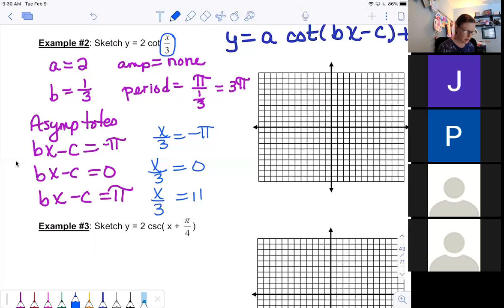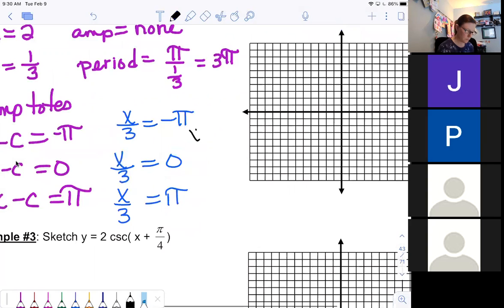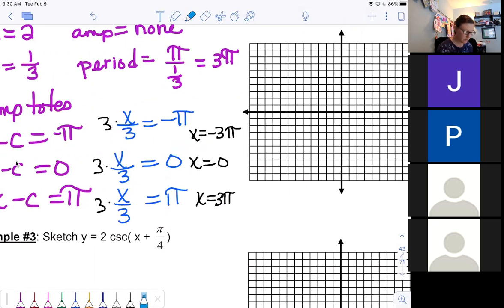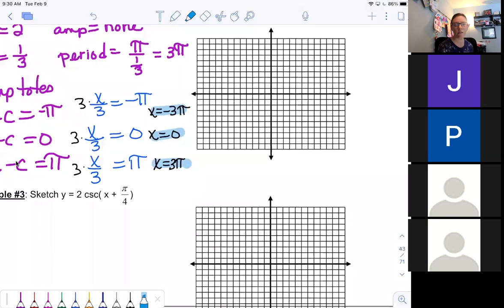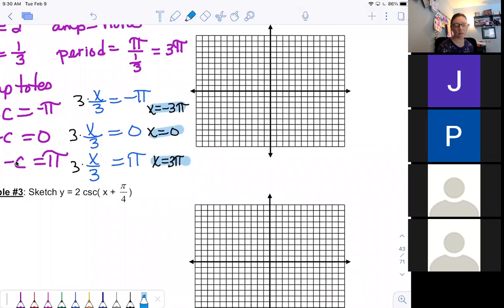And it's equal to pi. And then if I multiply by 3 to solve for x, we then find our new asymptotes. So you can count by pi in this problem because it has values of pi, negative 3 pi, 0, positive 3 pi.